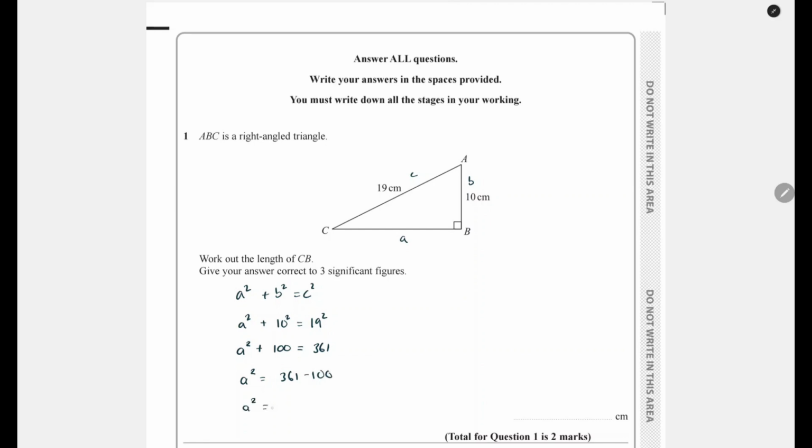A squared is equal to 261. If I square root both sides, I have a is equal to the square root of 261. And that is equal to 16.155. Now, the question has asked me to give my answer to three significant figures, so that will be 16.2 centimeters.